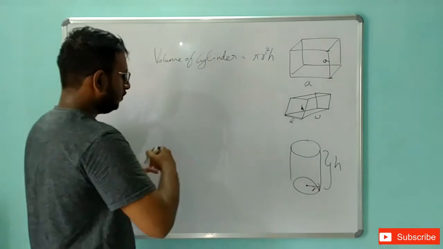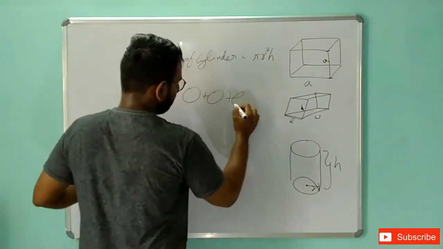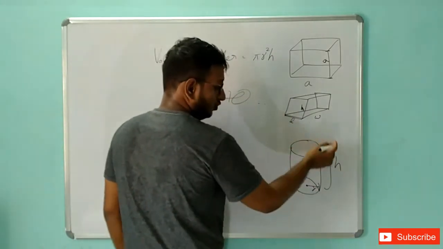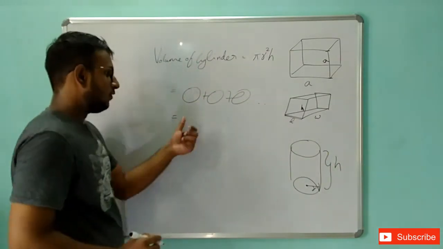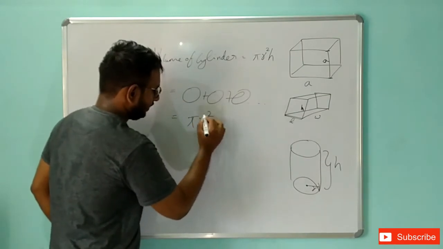So we will have a circle plus circle plus circle, and it goes on till we reach a height of h. We know the area formula of one circle, which is pi r square.